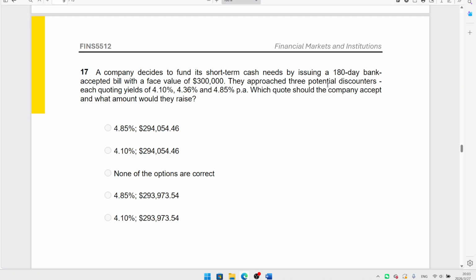If we know the face value is 300,000 and the days to maturity is 180 days, we can find which quote should be accepted. What does accept mean? Each quote.